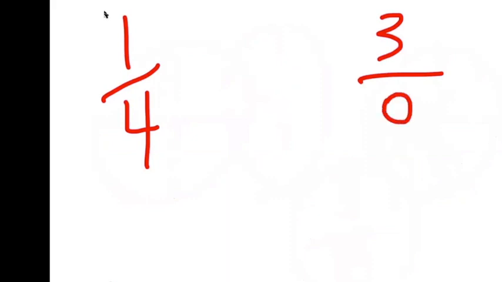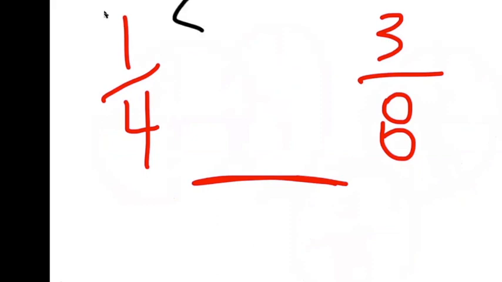So let's show this. We had 1/4 and we have 3/8 over here. I need to figure out, is 1/4 less than, greater than, or equal to 3/8, okay? And like I said earlier, I want to make my fractions into equal pieces, okay?